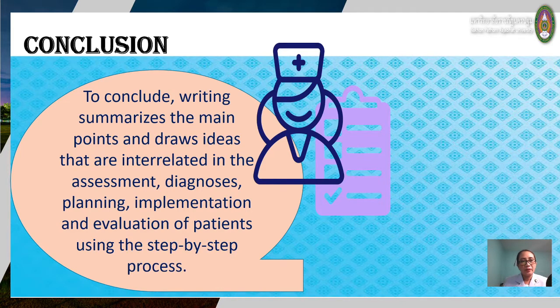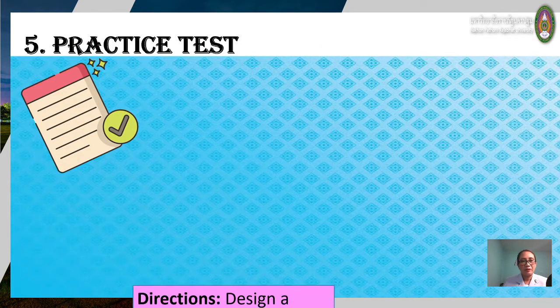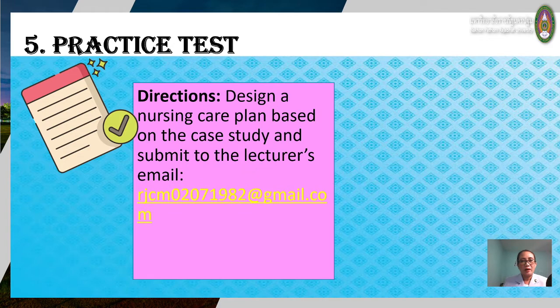So to conclude, writing summarizes the main points and draws ideas that are interrelated in the assessment, diagnosis, planning, implementation, and evaluation of patients using the step-by-step process. So this is your practice test. You have to design a nursing care plan, and you have to submit that to your lecturer's email address.